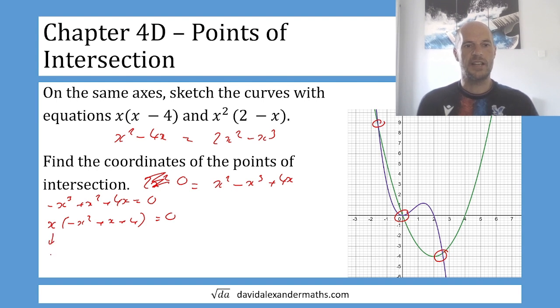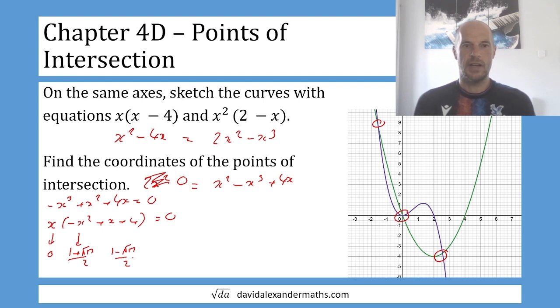So here I'm getting a solution of 0, and I'm going to use my quadratic equation solver for the minus x squared plus x plus 4. So a is negative 1, b is positive 1, and c is 4, and I'm getting other solutions of 1 plus the square root of 17 over 2, and 1 minus the square root of 17 over 2.